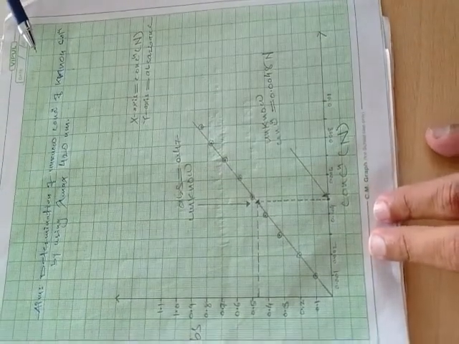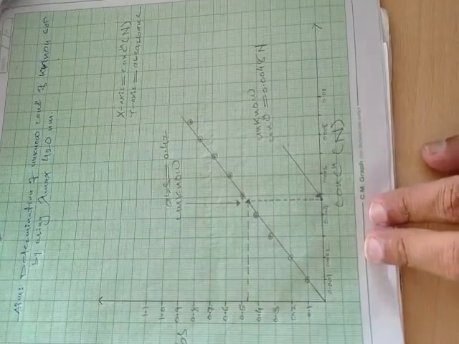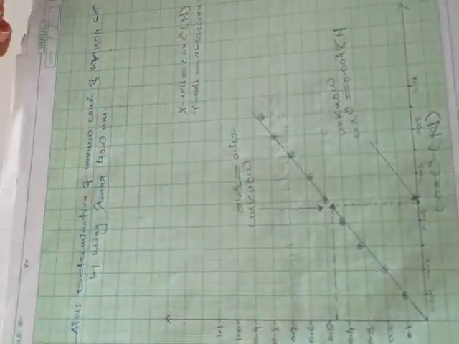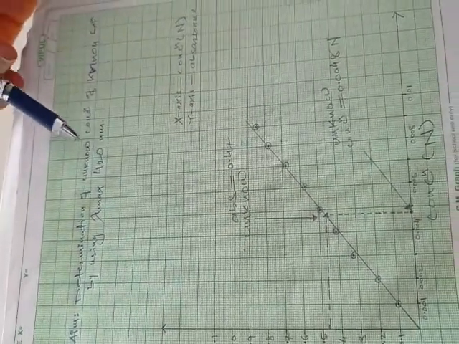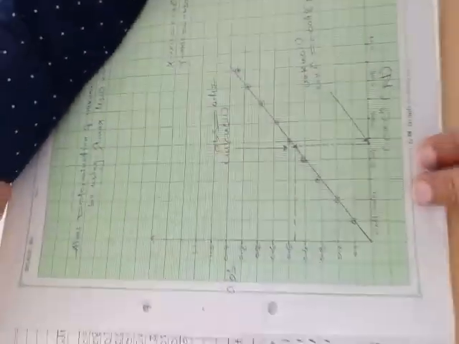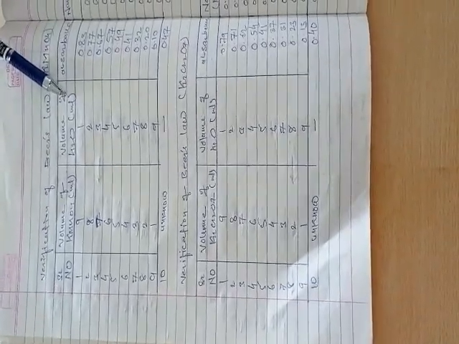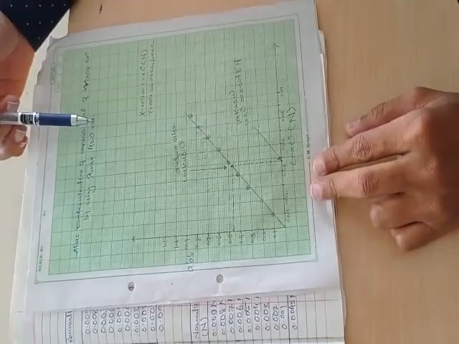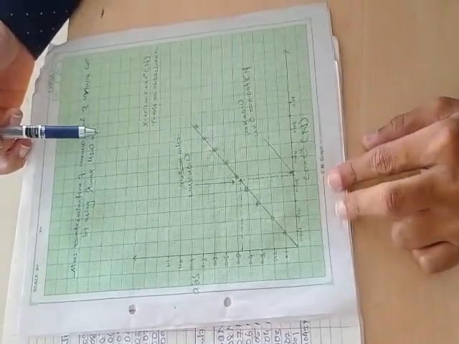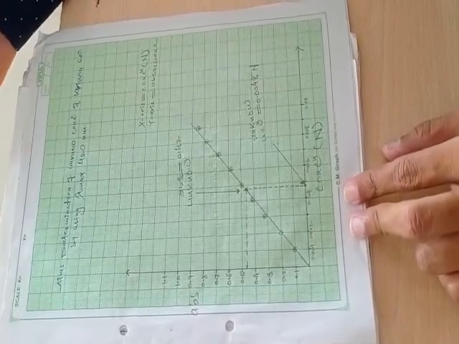Now this is a graph. The aim of the graph is determination of the unknown concentration of KMnO4 solution using lambda max 420 nanometer. Using this table, we have prepared this graph, and based upon this graph we have identified the unknown concentration of KMnO4 solution.